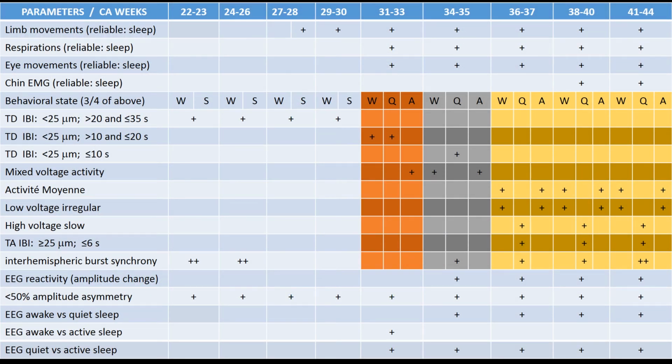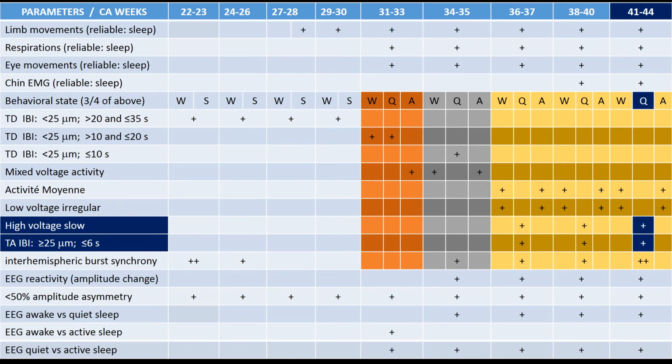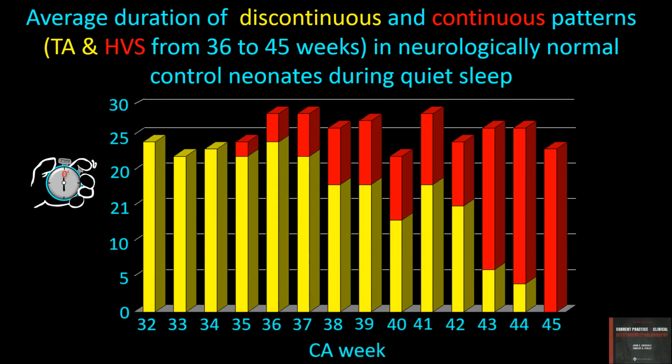Going back to the general chart, you can see that high voltage slow and tracé alternate are present during quiet sleep between 41 and 44 weeks. This graph shows the proportion of discontinuous recording and continuous recording starting at 32 weeks conceptual age.